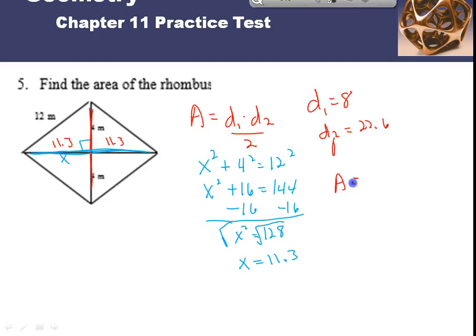So my area would be diagonal 1 times diagonal 2 divided by 2, which is 8 times 22.6 divided by 2. What, 90.8? I think that's 90.8 meters squared. But let me double check.